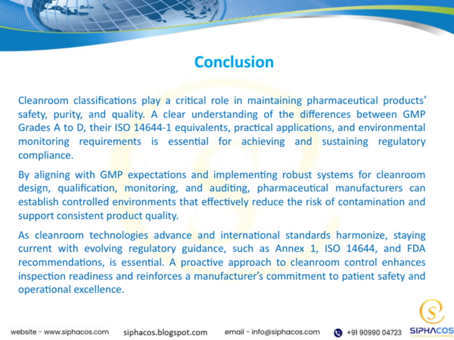Practical applications of these classifications involve tailored environmental controls and monitoring systems to maintain compliance. By aligning our practices with GMP expectations and establishing strong systems for cleanroom design, qualification, ongoing monitoring, and periodic auditing, we can create controlled environments that significantly minimize contamination risks. This, in turn, supports consistent product quality, which is at the core of our industry's commitment to patient safety.